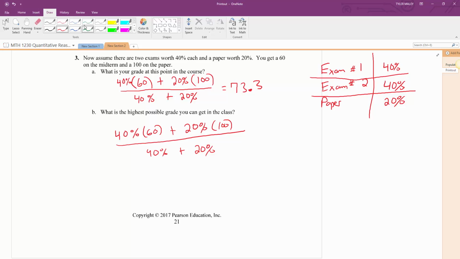What we're adding in, I'll write in green, is a 40% weight times 100 on exam 2, and then down here we have to add in that weight additionally, 40%. Then we can simplify this and get the answer.